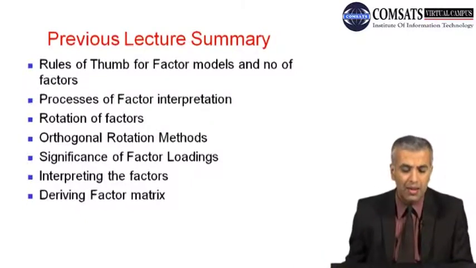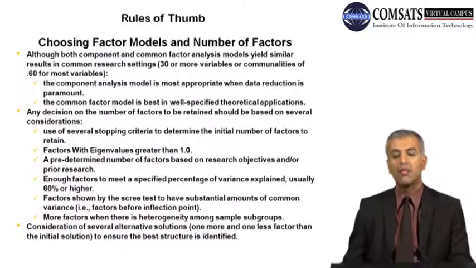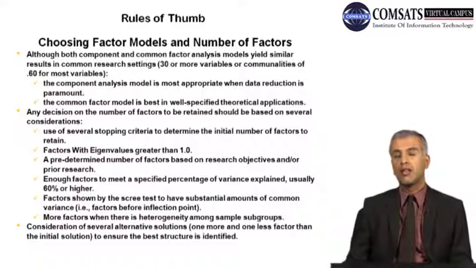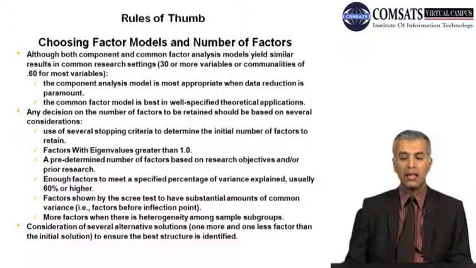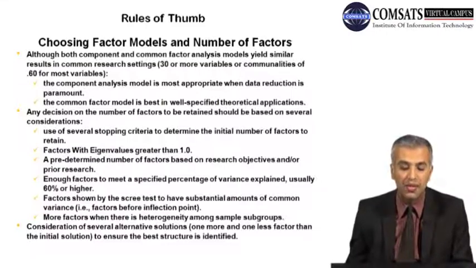Now, coming to the previous rules of thumb which we discovered, basically we were focusing upon two methods, the component factor analysis method and common factor analysis. We discussed that they may report similar results under certain conditions.